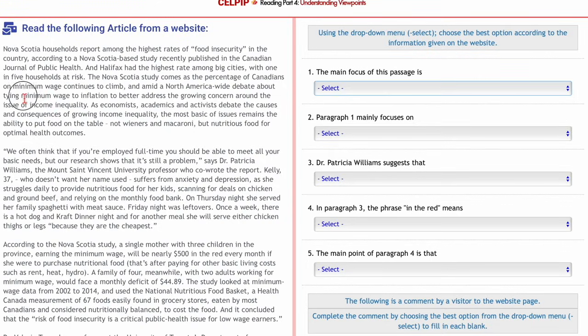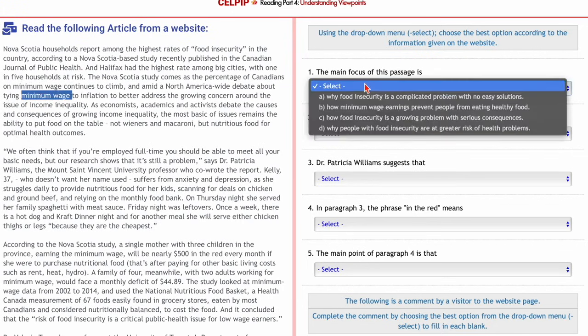Somewhere over here I see minimum wage, you see? Lower level students, and by lower level, I mean even 7, they might not completely understand the idea and they'll just try to match vocabulary. Okay? But we need to make sure that we read the full idea, not just match vocabulary.